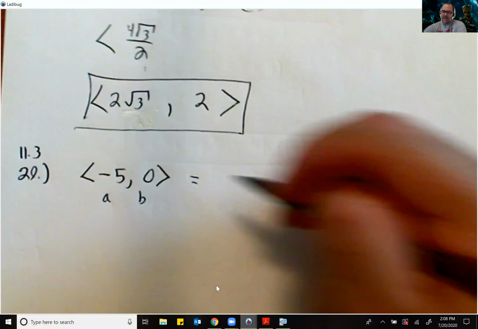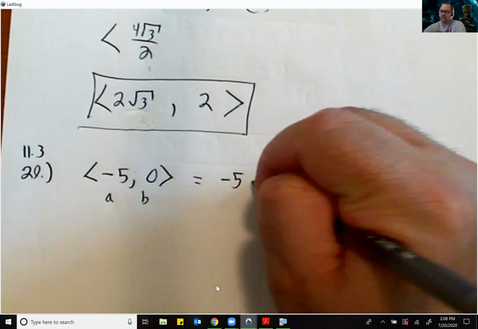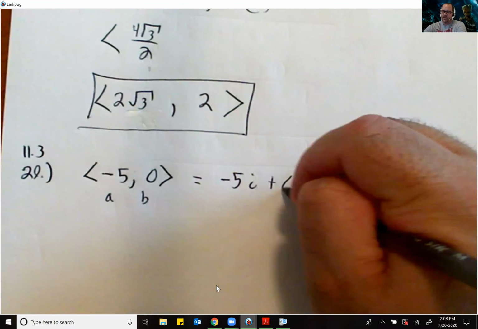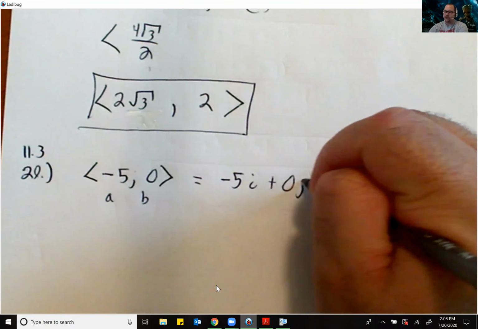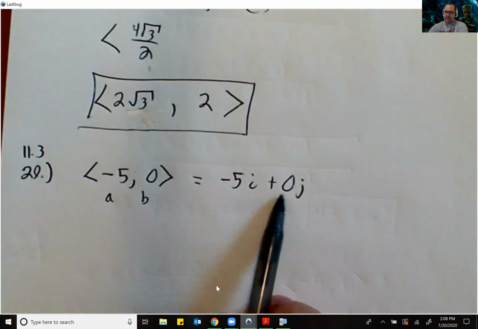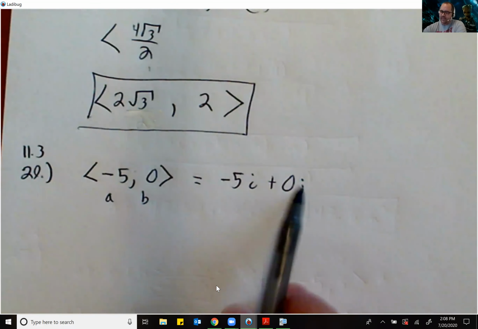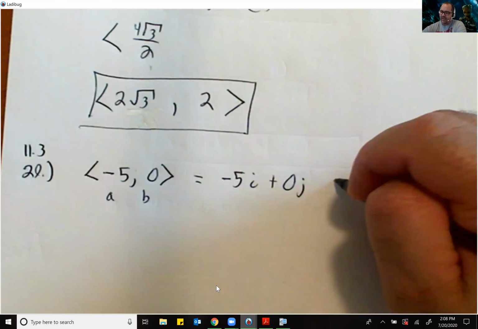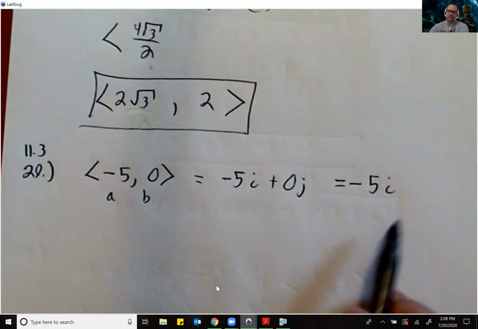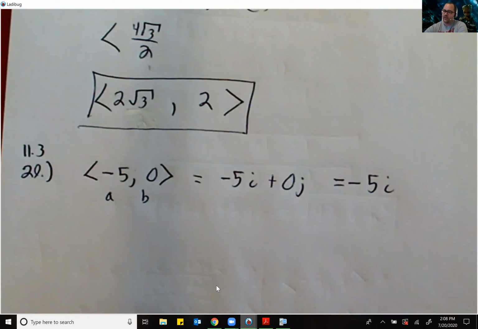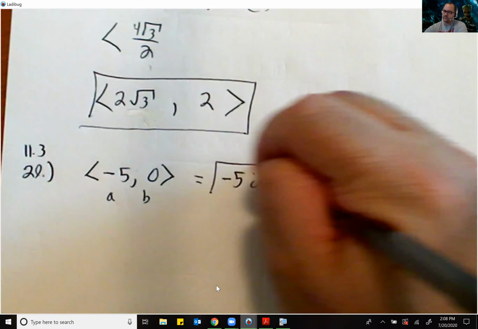So -5i plus 0j. That's one way to write it. Most of the time, whenever we have a 0 times this, we just write it like this, -5i. We drop the j. And there you go. 2 ways to write your answer.